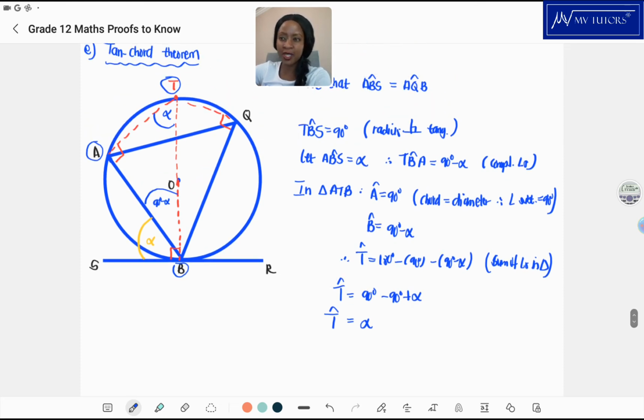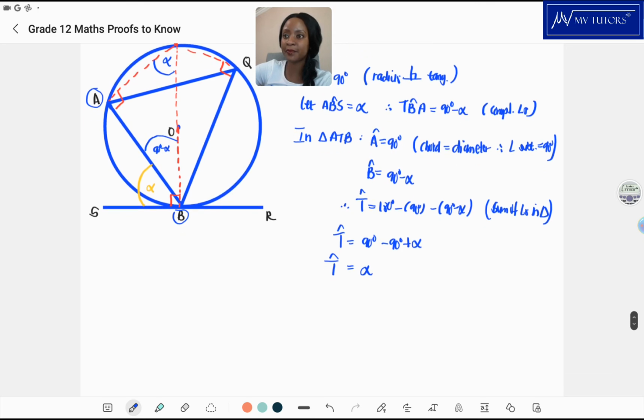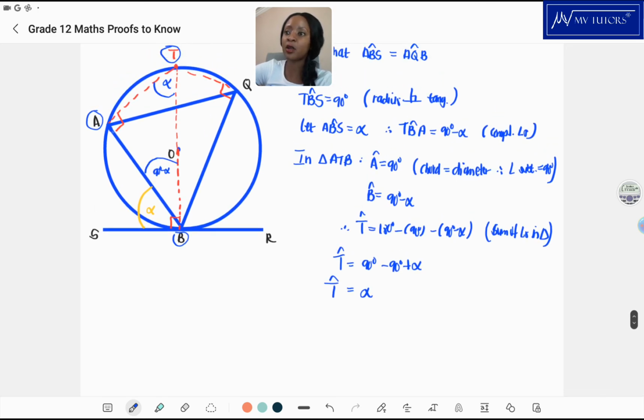When we constructed T, our cyclic quad was ATQB or ABQT. Okay, so in the cyclic quad, we have a common chord here, chord AB.